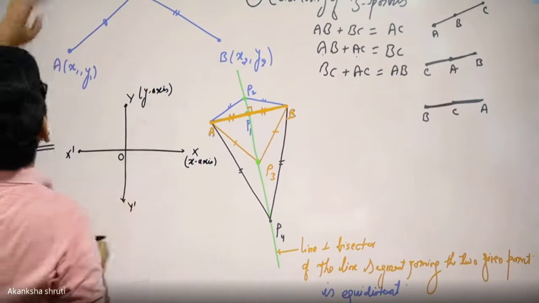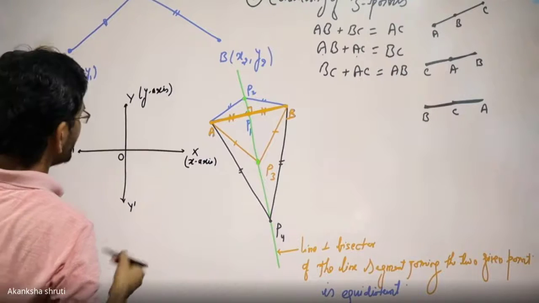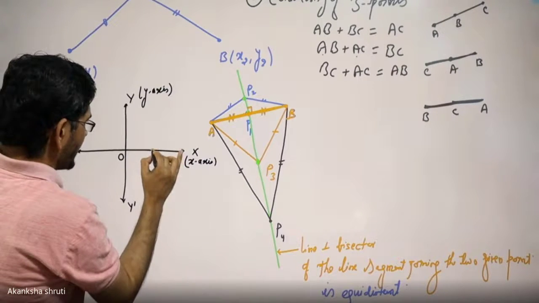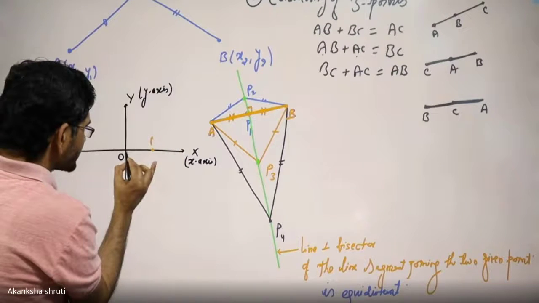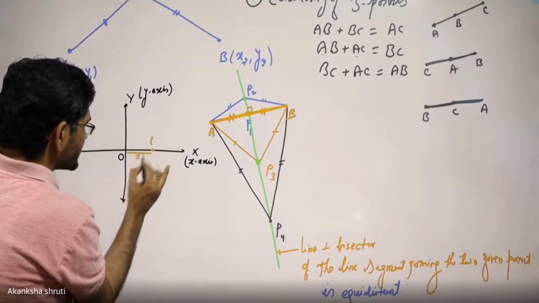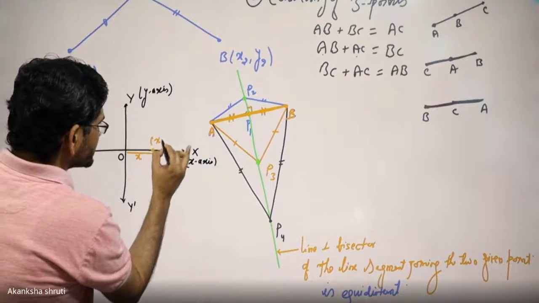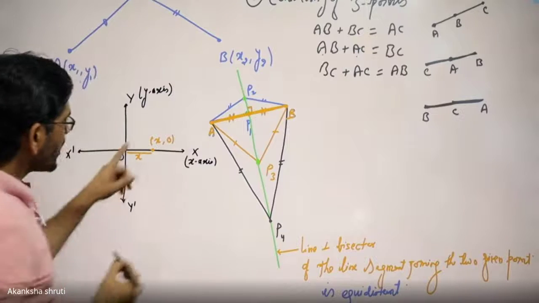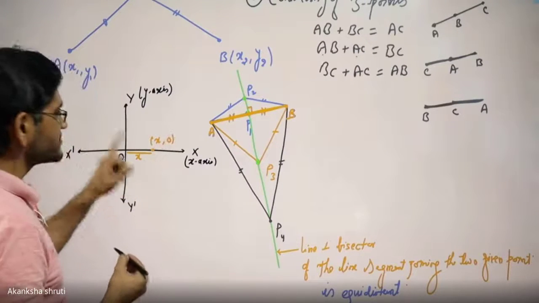Students, recall the concept of class 9 that if we are considering any point on this x-axis, its x coordinate will be given by this much distance, but its y coordinate is always 0. So a point on the x-axis should be taken like (x, 0).